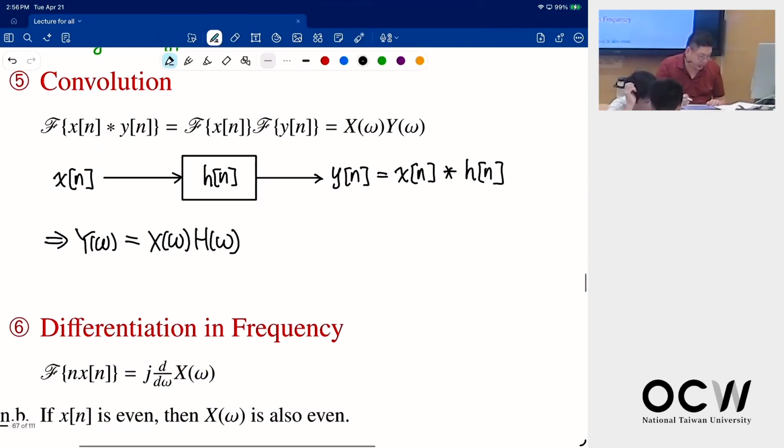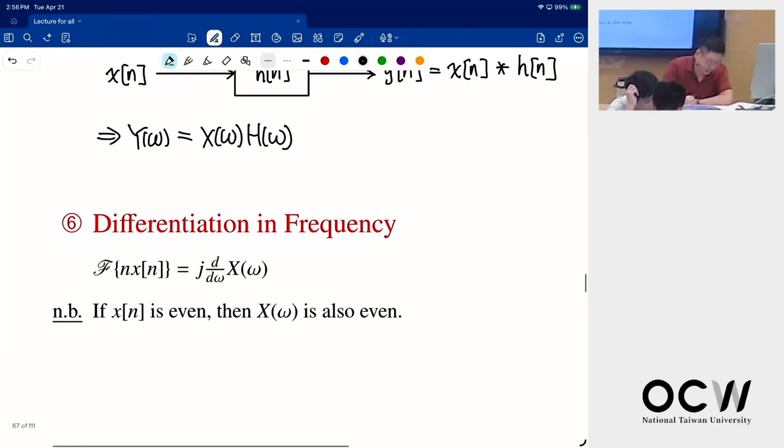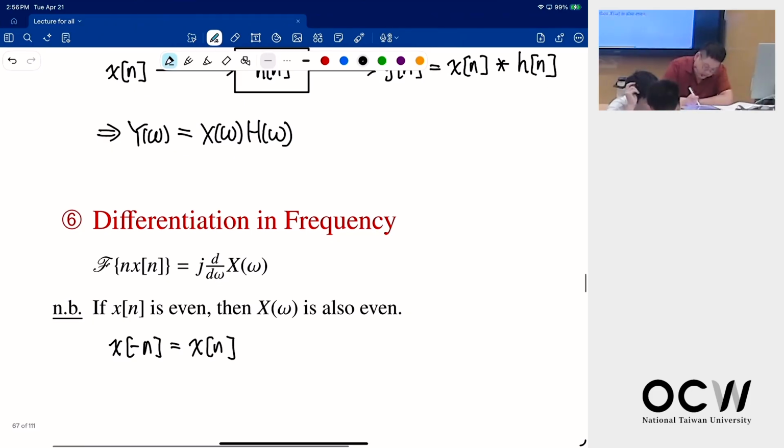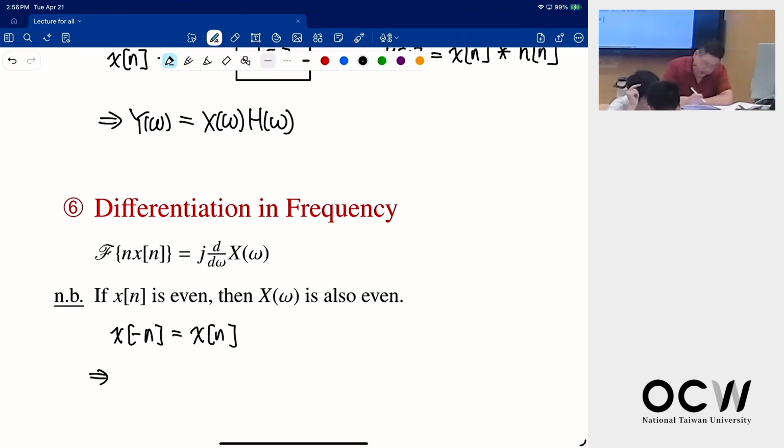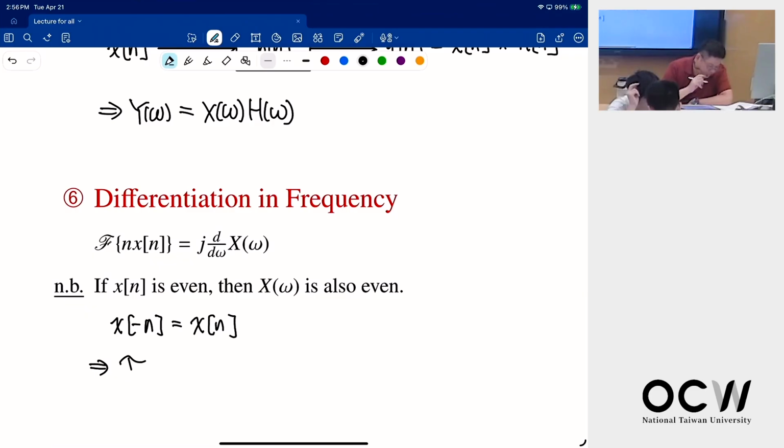Even means x[-n] is equal to x[n]. So for the Fourier transform, they should be the same.